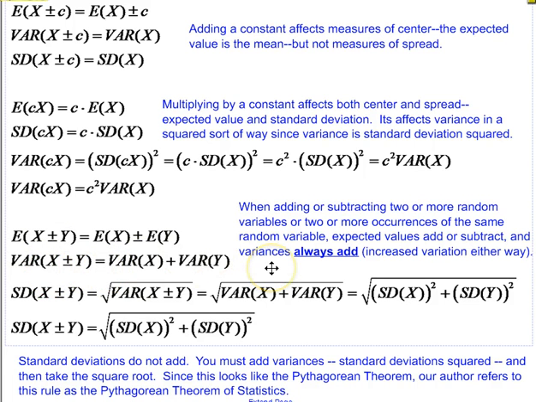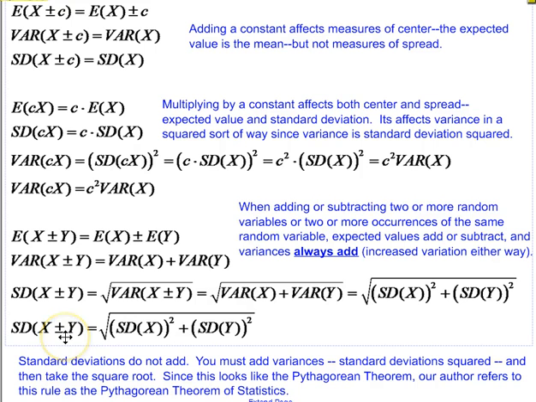Now standard deviation has to be handled a little differently. Standard deviation is the square root of variance. So if we take the square root of the variance of x plus the variance of y, that's the same thing as taking the square root of the standard deviation squared of x plus the standard deviation squared of y. So this is our rule for combining the standard deviations of two or more random variables.